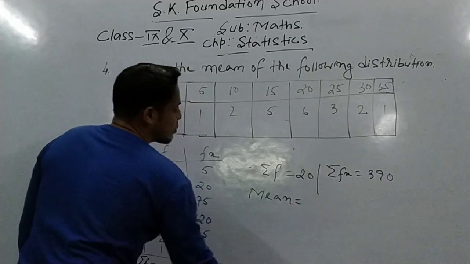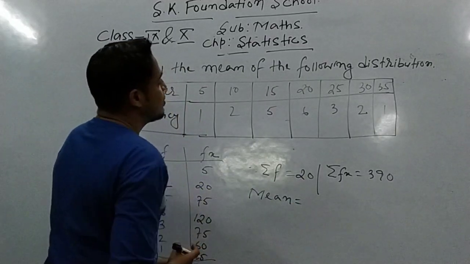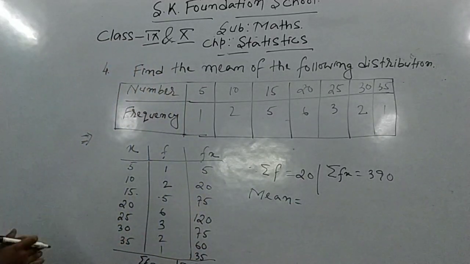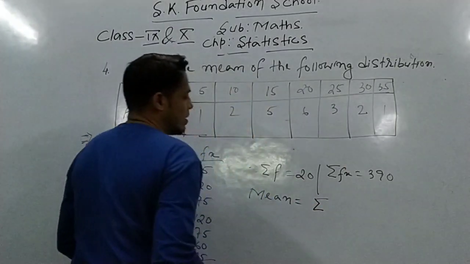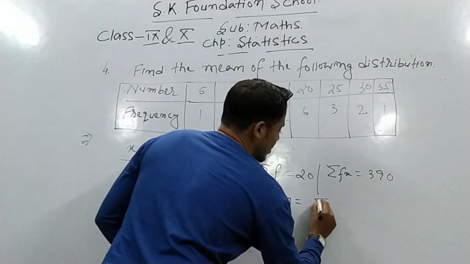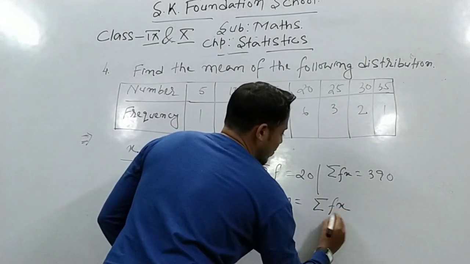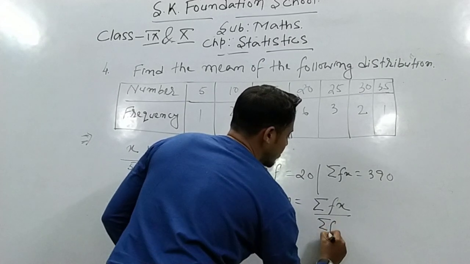Now we are going to find the mean. Whenever this kind of table is mentioned, the formula is summation of fx by summation of f.